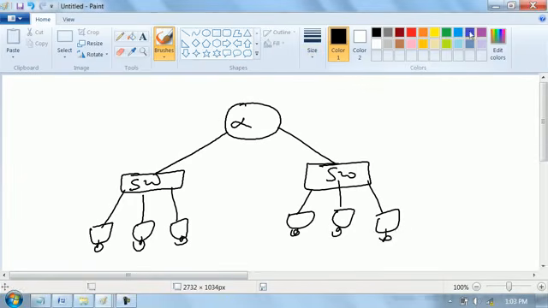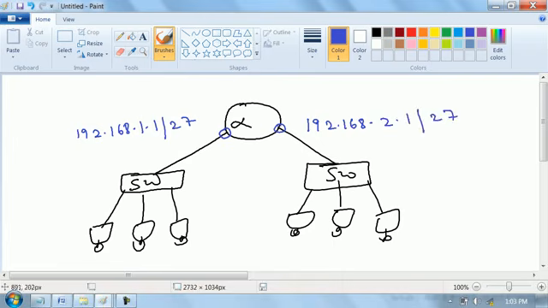Now, I assign IP address on this interface of router as 192.168.1.1/24. Fine. Agree? On this interface as 192.168.2.1/24, fine.